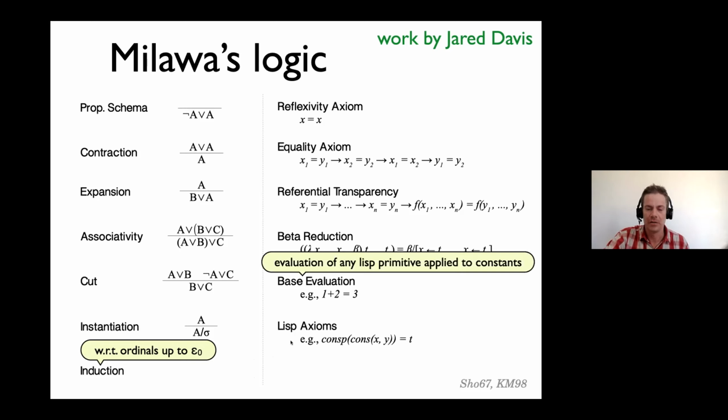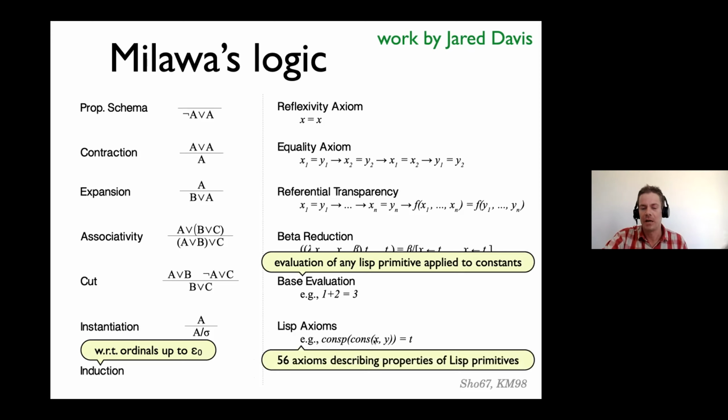And then you have Lisp axioms saying that if you make a pair of x and y, and then you ask, is this a pair? Yes, it is a pair. So you have 56 axioms describing Lisp primitives, because this is a strange logic where really the terms of the logic are Lisp expressions. This is a sort of consequence of that.